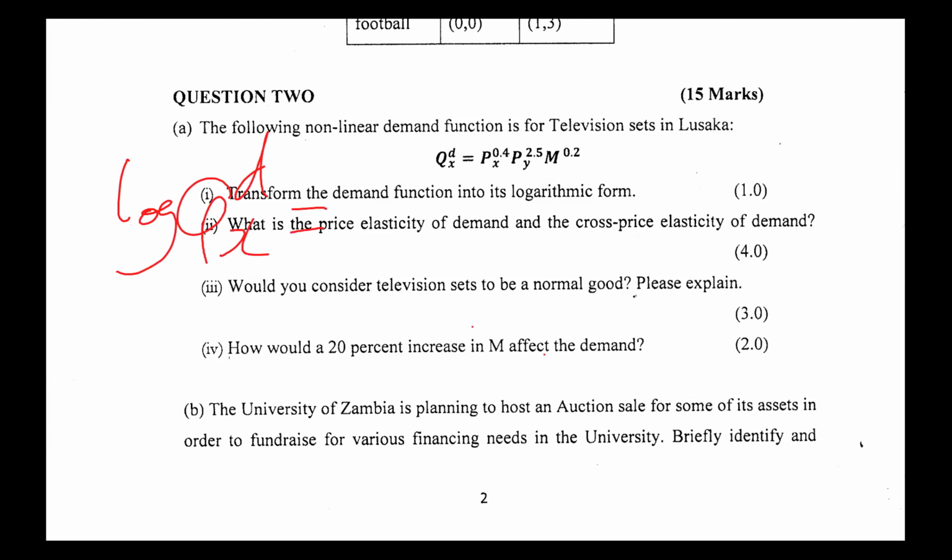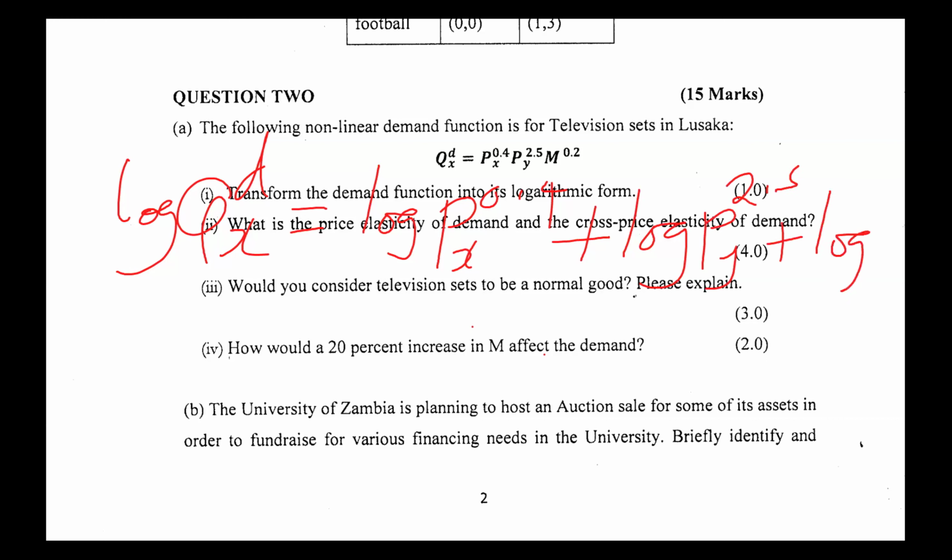That should be equal to the log of px to the power 0.4, plus the log of p subscript y to the power 2.5, plus the log of m to the power 0.2.